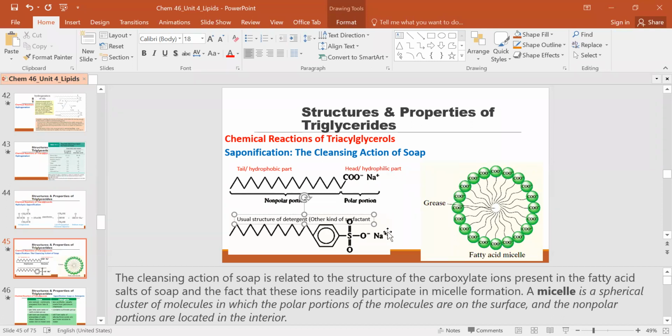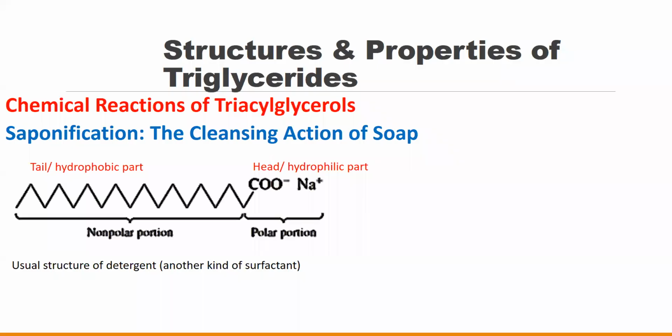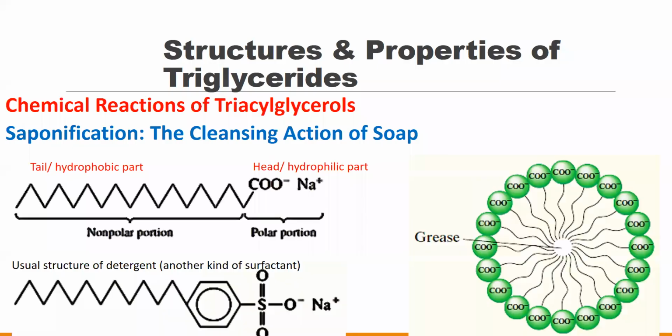So in a detergent, there is another kind of surfactant. When you go to biology courses and you're doing the lab, most biologists use another kind of surfactant: sodium dodecyl sulfate.